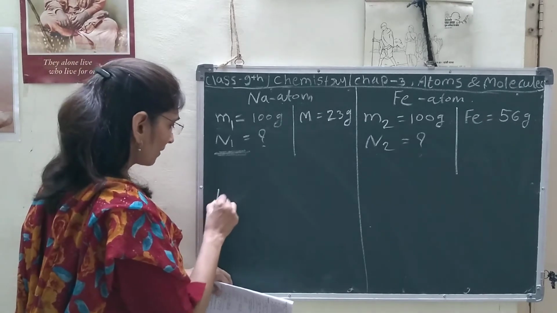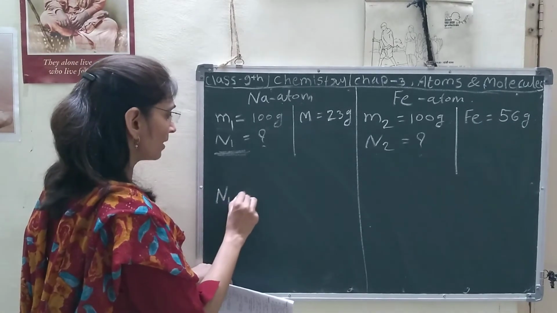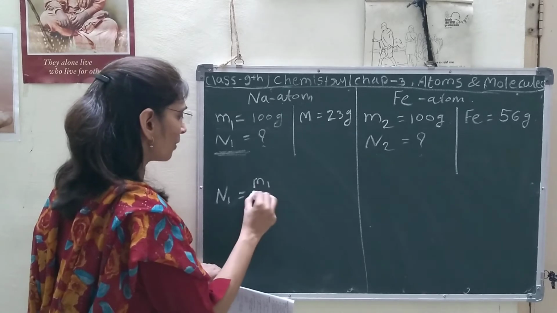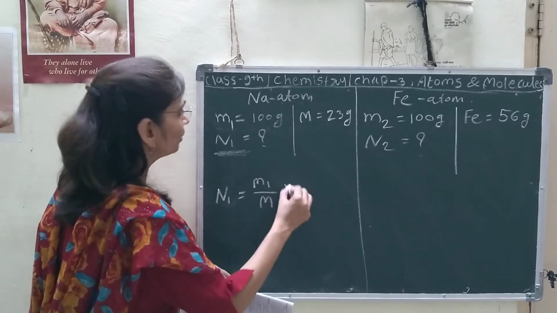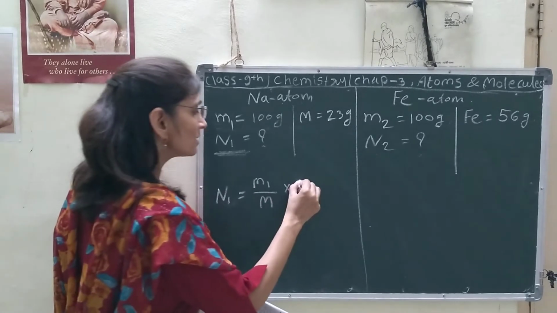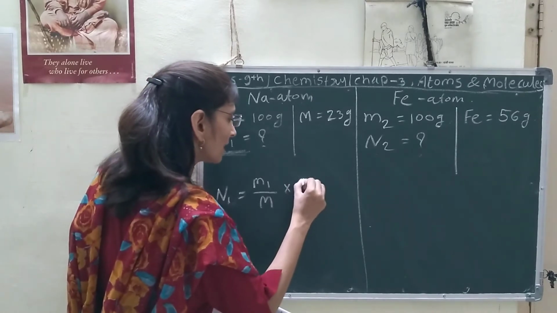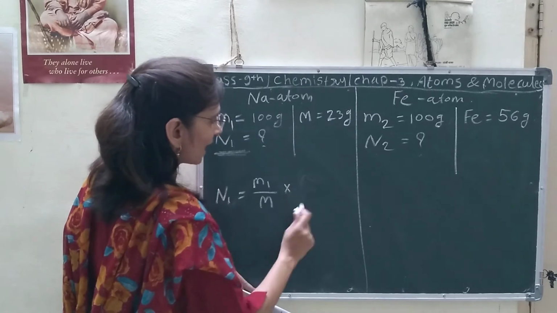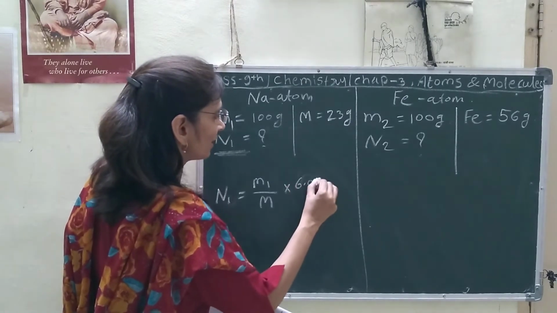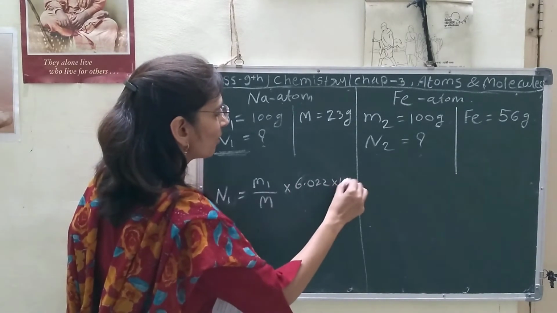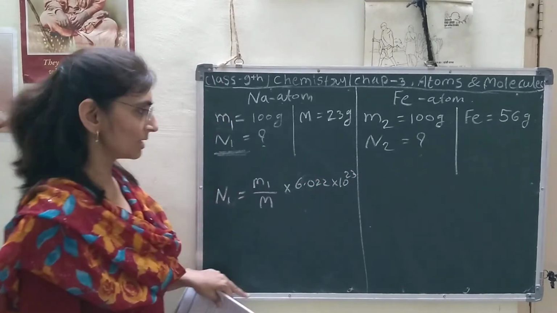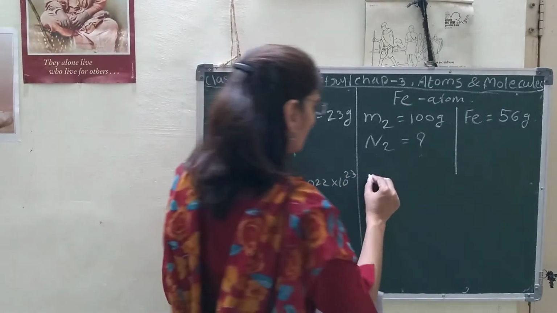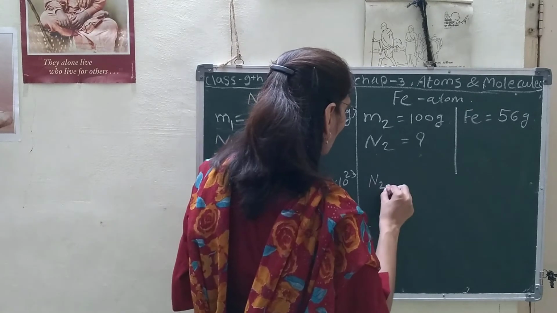So for number of particles, N1 is equal to M1 upon M into Avogadro's number. What is Avogadro's number? That is 6.022 into 10 to the power 23. Yes, this is our formula for N1, and N2 will be the same formula.